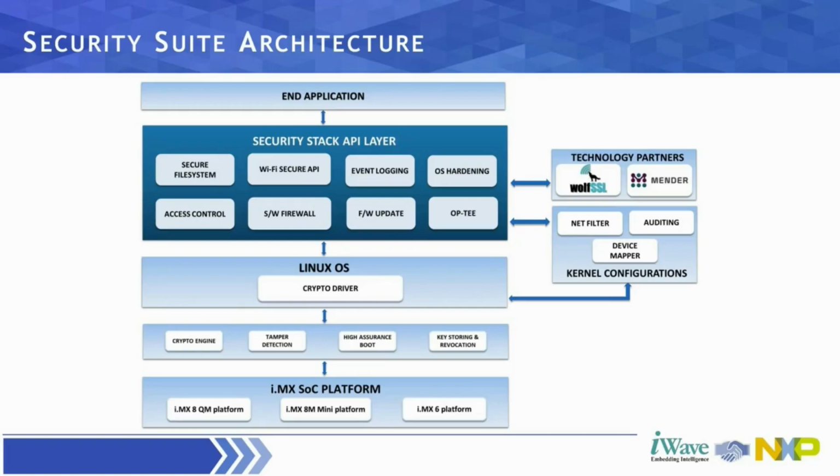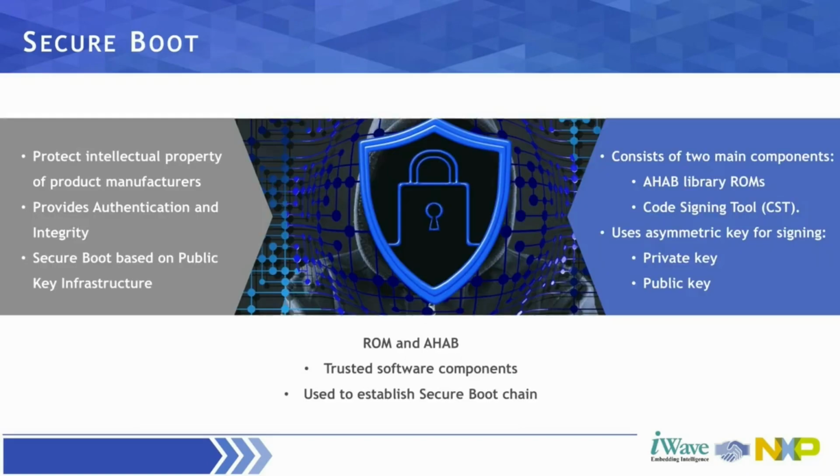Now going a bit deeper into secure boot, which is one of the key security functions available in the i.MX and is highly employed across various embedded systems. Secure boot is a process where your OS boot images and code are authenticated against the hardware before they are allowed to be used in the boot process.